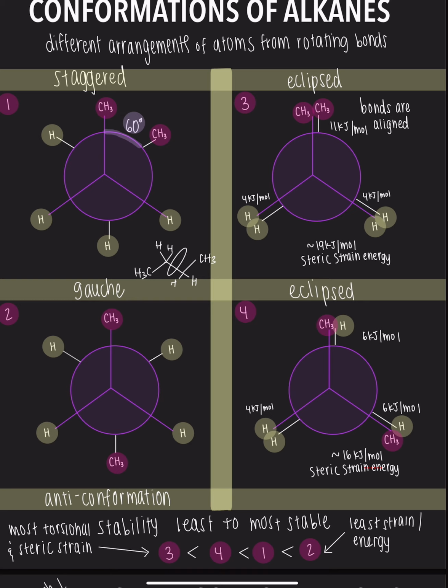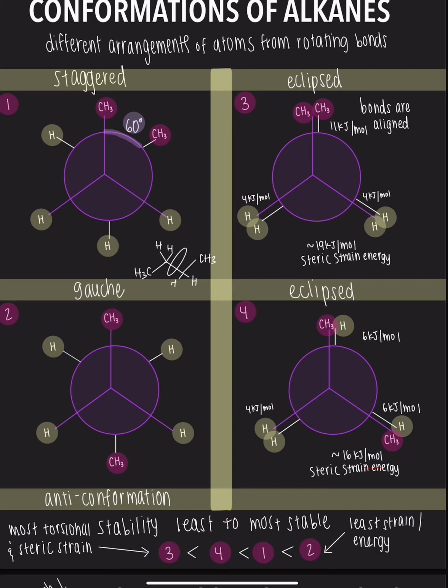After that would be a regular staggered position, for example the gauche that you saw. Then comes the eclipsed with the least amount of energy, usually the R group with the hydrogen. The eclipsed with the two R groups stacked on top of each other is the most unstable and has the most energy, because it has the most steric strain.